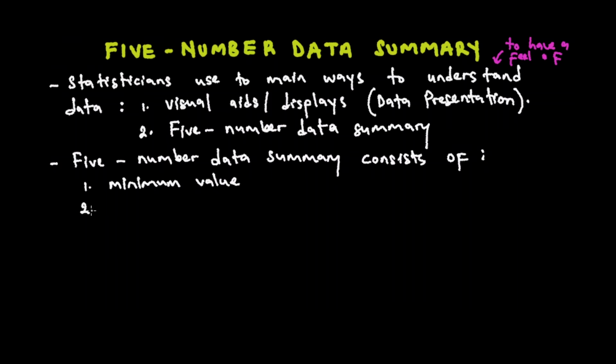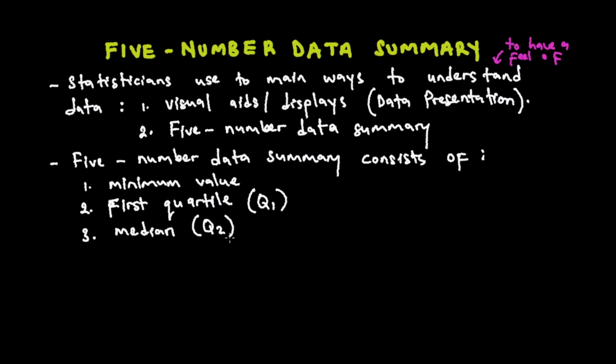Then the second number we look at is called the first quartile, which we are just going to write as Q1. The third number is called the median, which we can also represent as Q2.